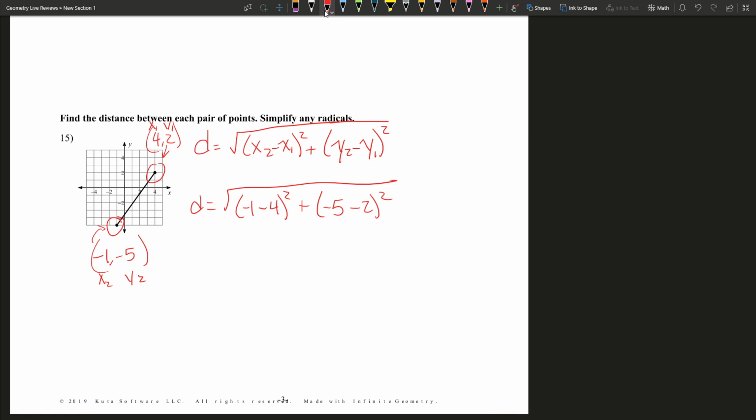And then you have to simplify. So you follow order of operations here. So you simplify inside the parentheses first, and then worry about everything else. So -1 minus 4 is -5. Negative 5 minus 2 is negative 7. Negative 5 squared is 25. Negative 7 squared is 49.